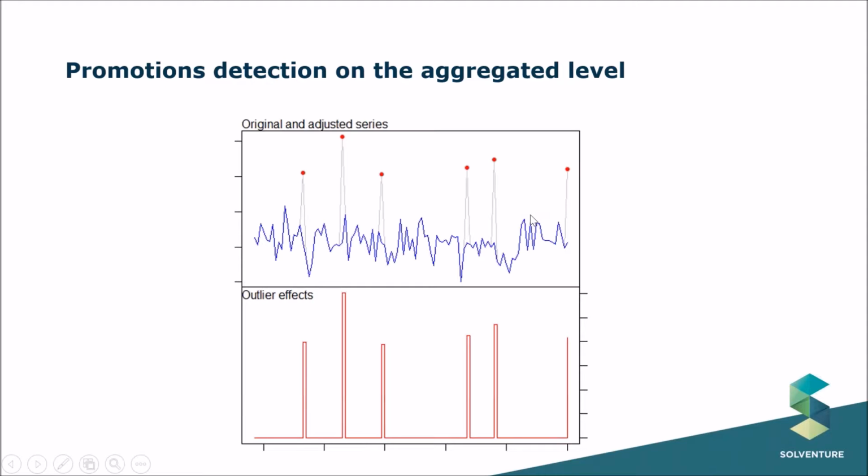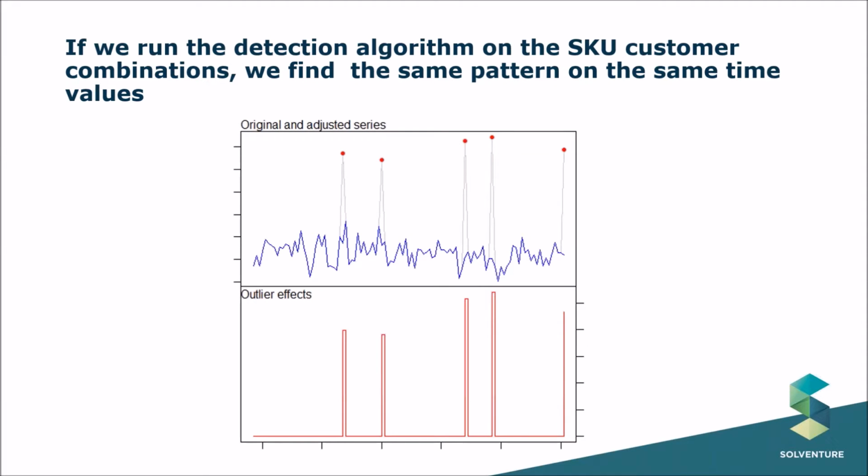If we run the same on the customer SKU level and start looking into more detail in the customer SKUs, we found here that there was one customer SKU combination where we see this. You could say this is the base sales, and here there are specific peaks in the sales.